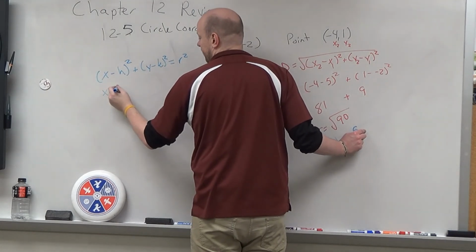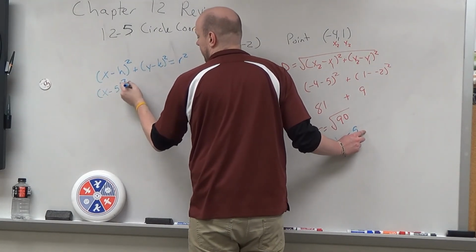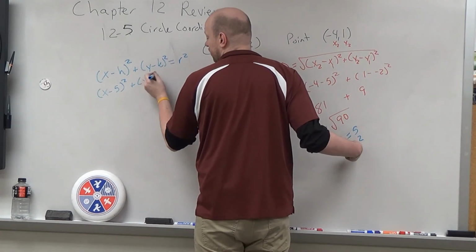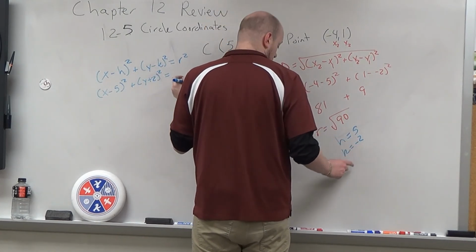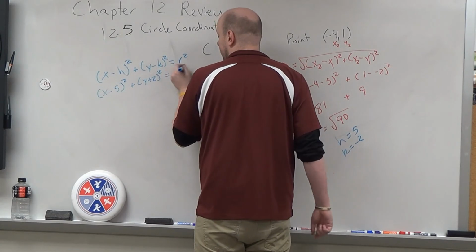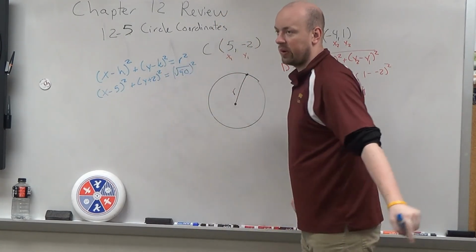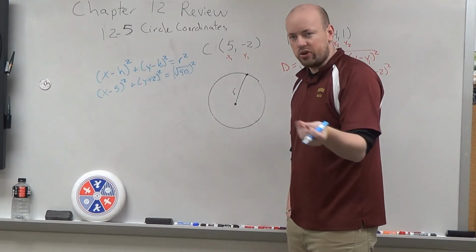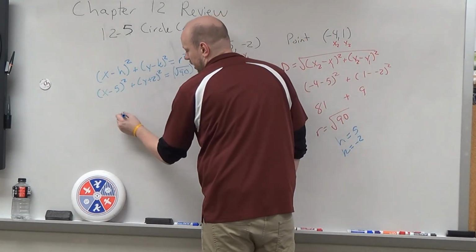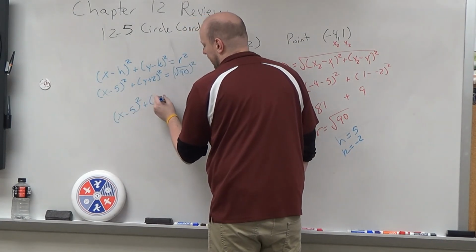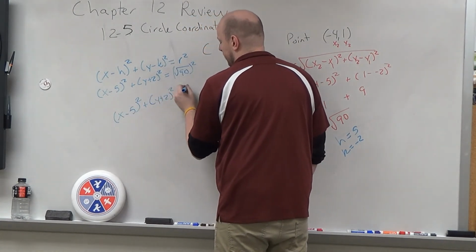X minus 5 squared plus y minus -2, so plus 2 squared equals the square root of 90 squared. Now the thing is, if I take a square root and I square it, they just undo each other. So my final answer: x minus 5 squared plus y plus 2 squared equals 90.